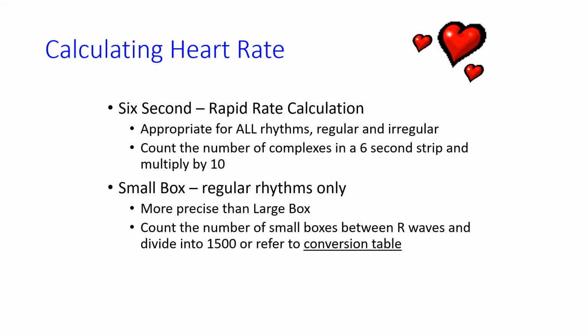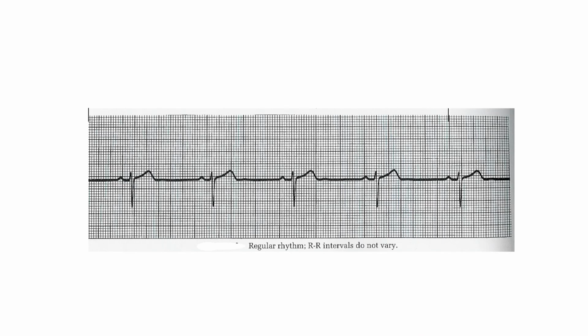So let's do a little bit of practicing. Let's go back to our rhythm strips. This is a regular rhythm we've already determined, so we can use the small box conversion table. Because it doesn't vary, I'm going to make a mark here, and because it's on a heavy line, it's much easier, and I'm going to count how many baby boxes there are.